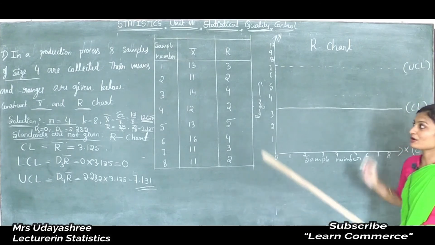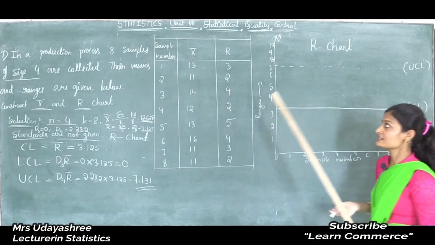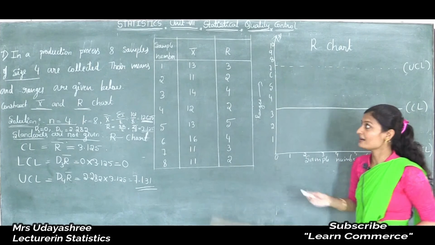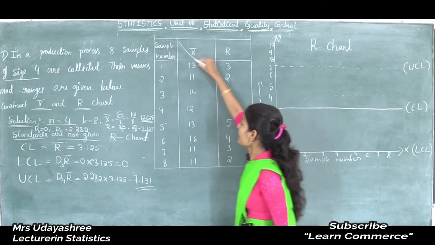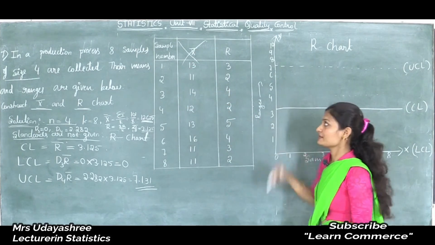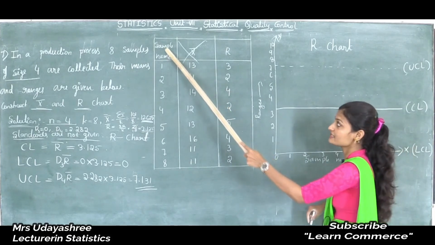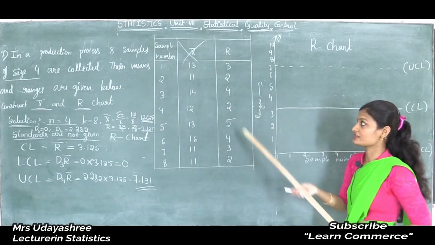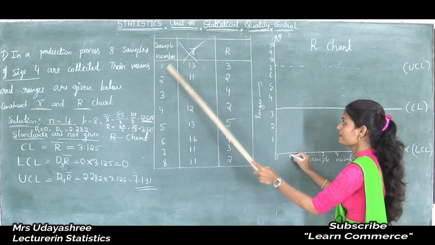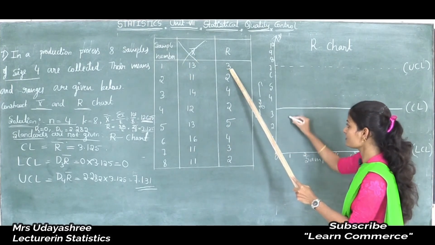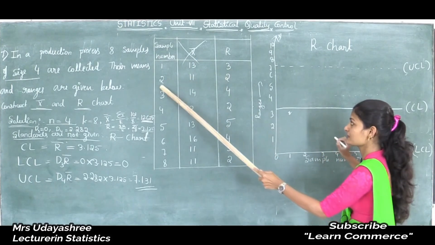Okay, now I will plot the sample points on this graph. See, to plot the R chart, I will neglect the X bar observations. So here I will consider sample number and R observations. See here, sample number is 1 and R is 3. So here I will put one mark. Next 2 and 2.